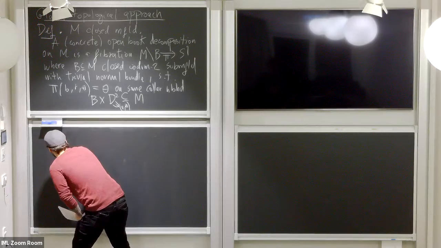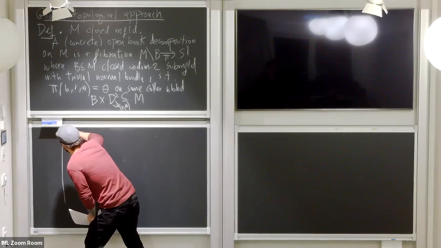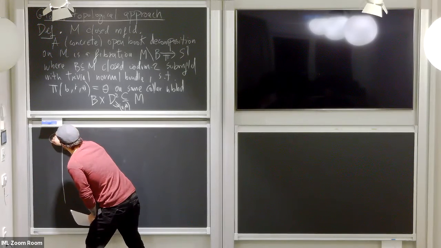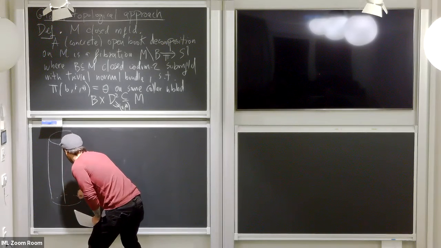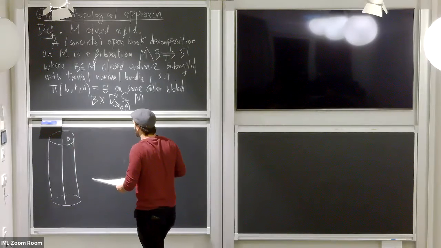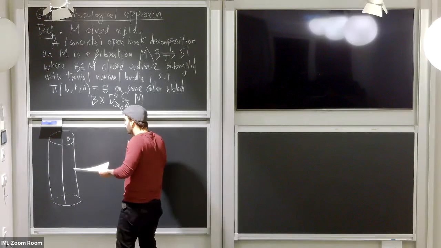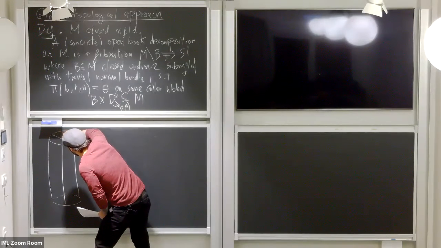We've got B here, and then I'm taking a collar neighborhood of B. It's a 2-disk trivializing its normal bundle. And the fibers of this fibration, in this collar neighborhood, are just radial. They come in radially like this.